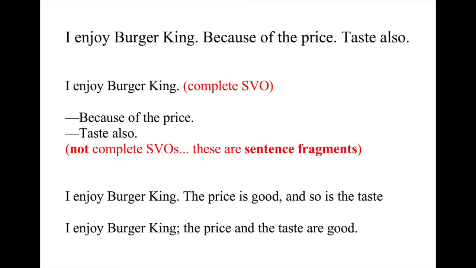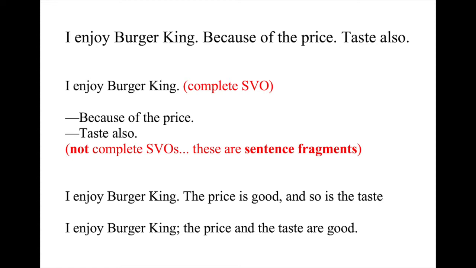Here we have examples of what are called sentence fragments. And you'll see, after I go through this, how this is related to comma splices and SVOs. So we begin: I enjoy Burger King because of the price, taste also.